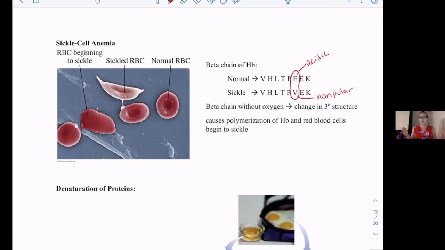So the overall structure then has to change, and this over time will cause polymerization of the hemoglobin, and red blood cells will begin to sickle. You get a change in tertiary structure and you can't get it back. And that's why you see the sickled cells.